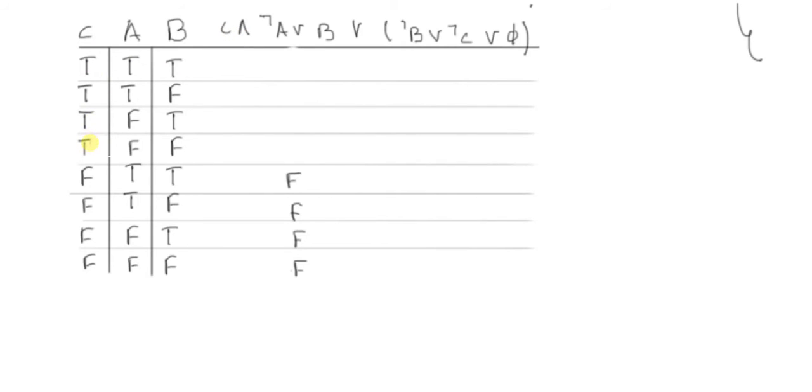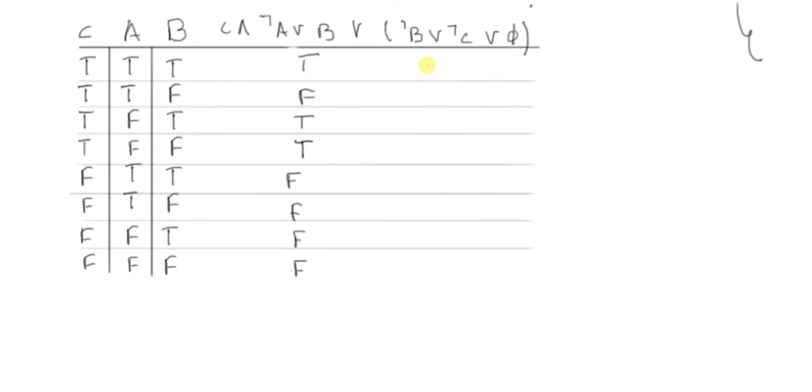So C is true in these first 4 rows, not A or B. Okay, we have B is true here, so that works. And then B is false here, and we do not have a not A. Here we do have a not A. We have a not A here. And so that's what it looks like for the first column.